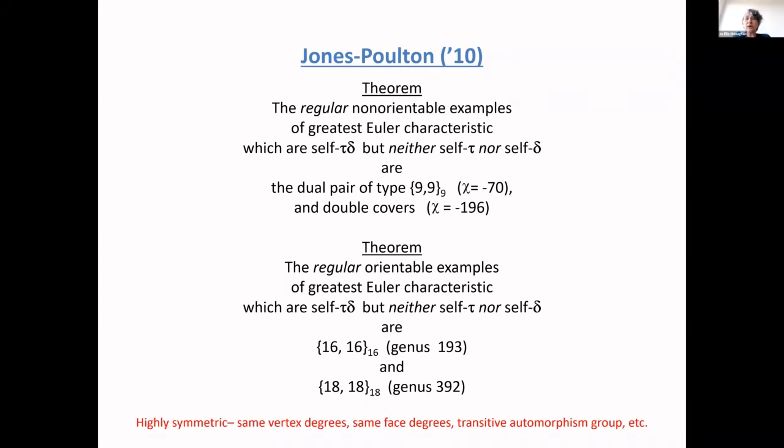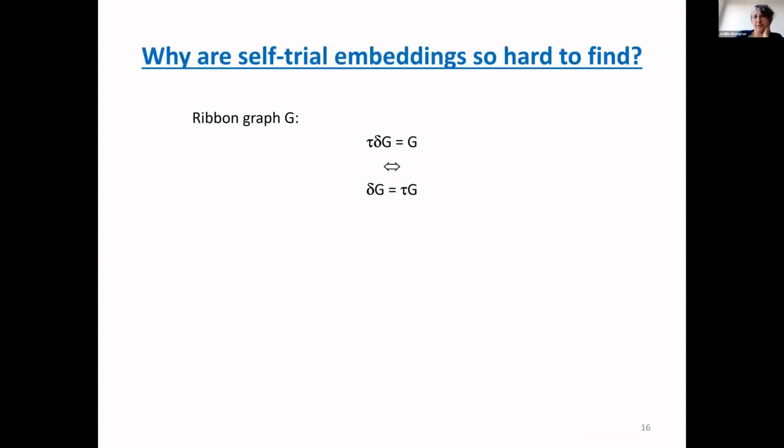They're huge, right? Then if you look for orientable examples, they're even bigger, right? So these are really symmetric. Transitive automorphism groups, lovely.